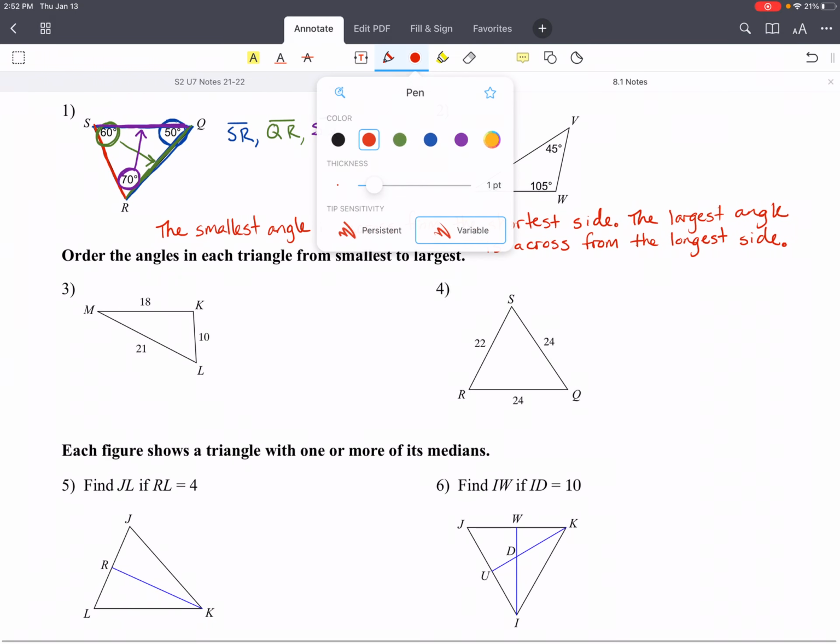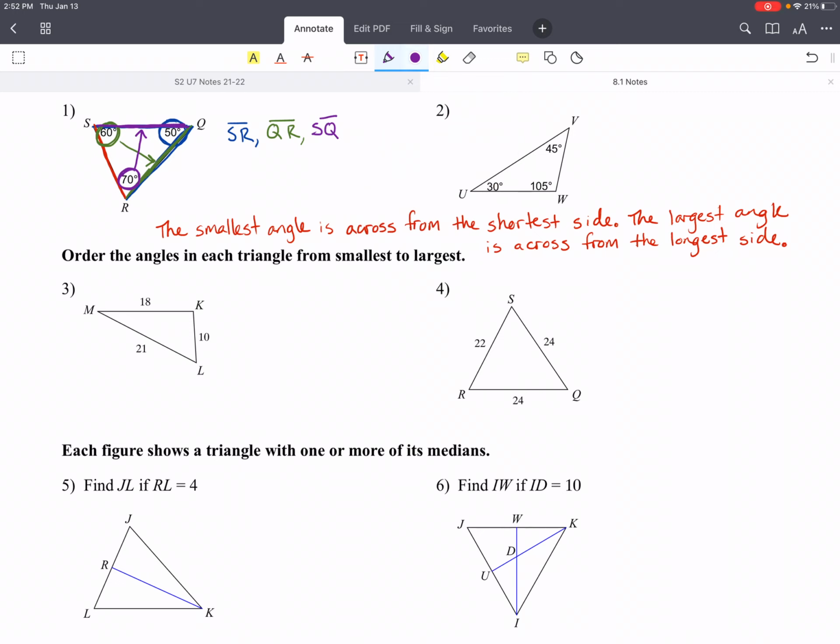So if I was going to use the same information, and now we're going to order the angles from smallest to largest. Well, here is my smallest side over here. Smallest side has to be across from the smallest angle, which means angle M is going to be our smallest angle. Now I'm going to go my mid-sized side, which is over here.